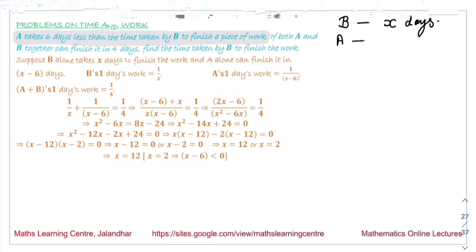It is given that the base of the triangle exceeds the altitude by 10 centimeter and the area of this triangle is half base into height and the value of this is 600 centimeter square. So it is x square plus 10x minus 1200 is equal to 0.